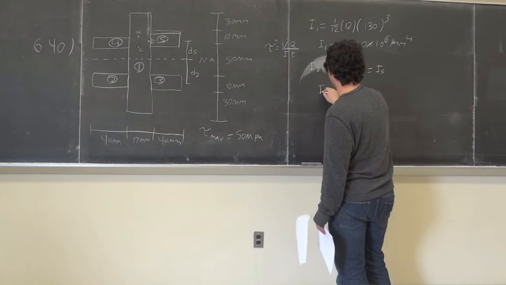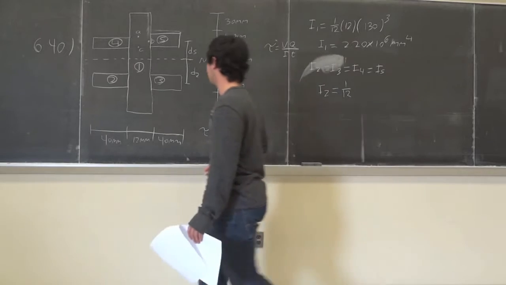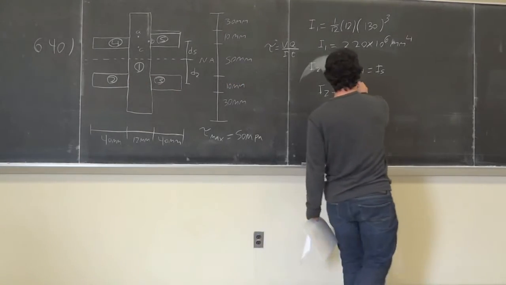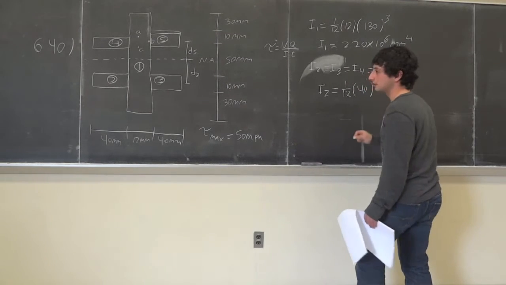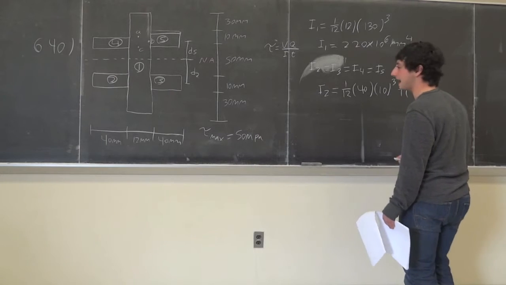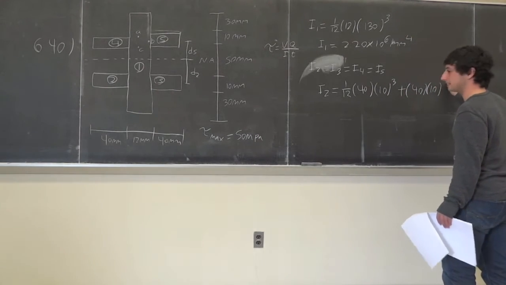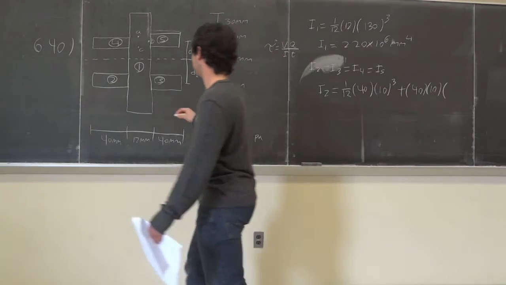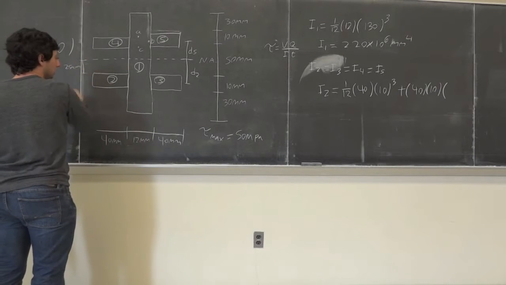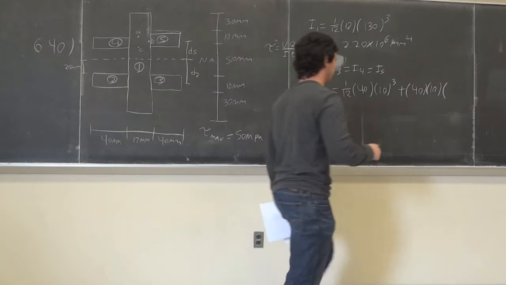I2 is equal to 1/12 times 40 times 10 cubed, plus A, which is 40 times 10, times d squared. The distance is 25 millimeters plus half of this distance, which is 10, so it's 30 millimeters.